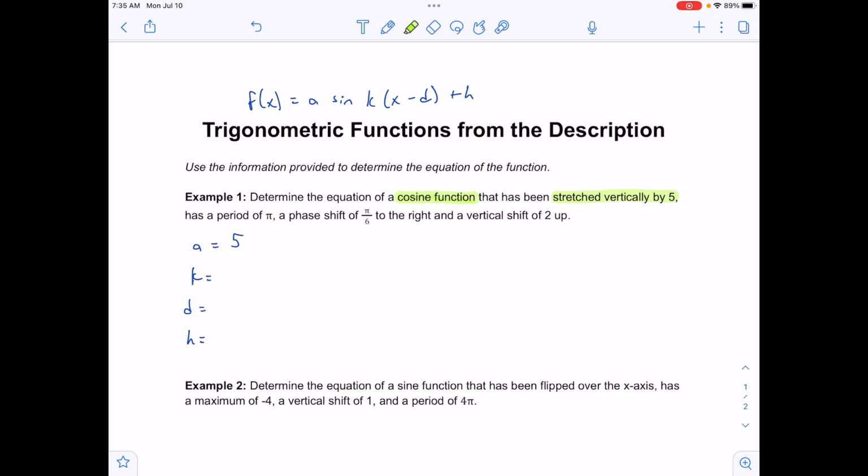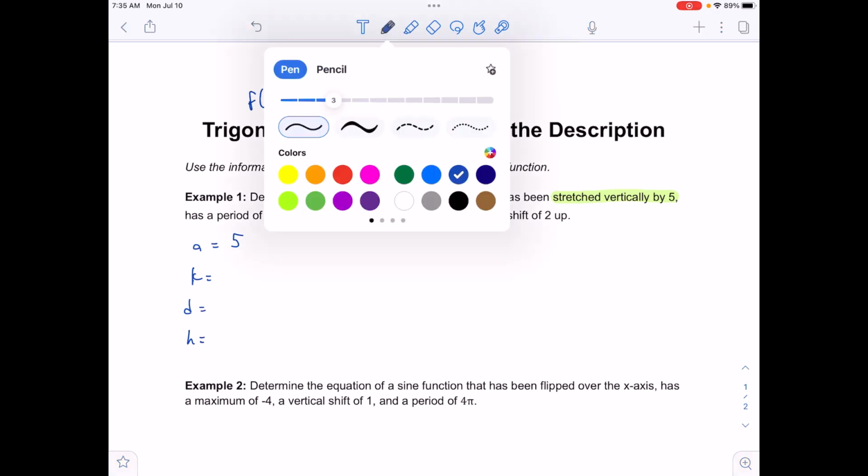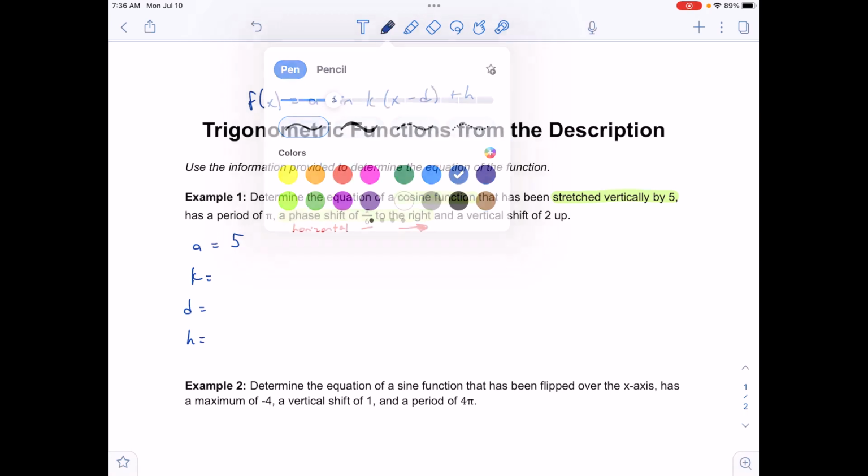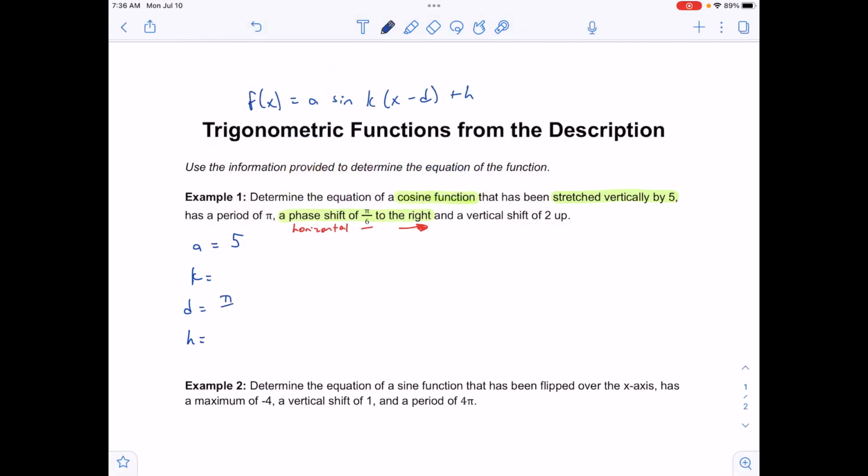We have a phase shift of pi by 6 to the right. Phase shift is another way of saying horizontal. When we talk about trigonometric functions, you can use the word phase. And it's pi by 6 to the right, which means that our D value is going to be pi by 6.